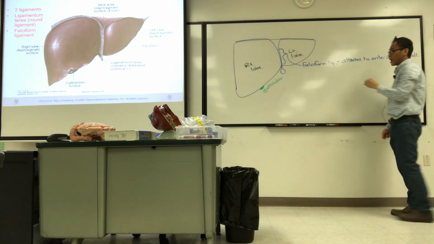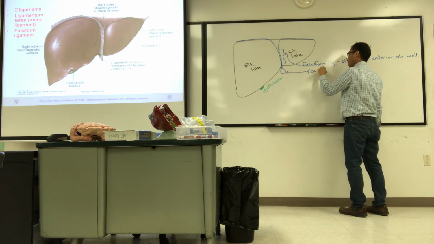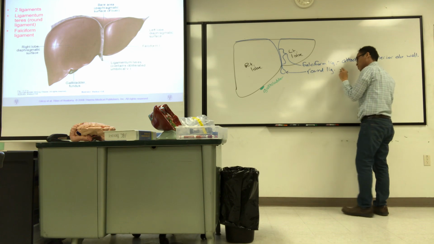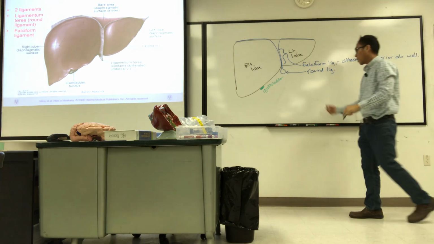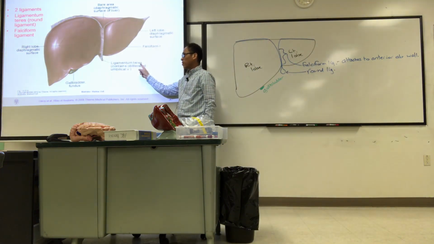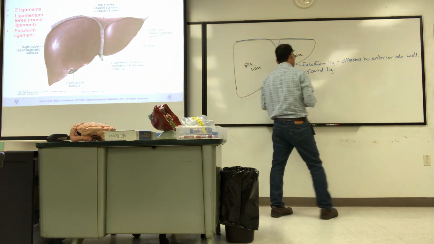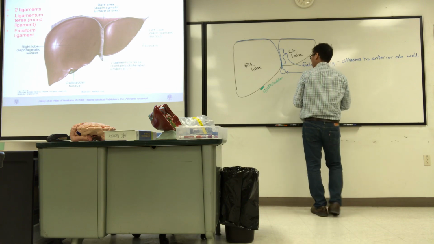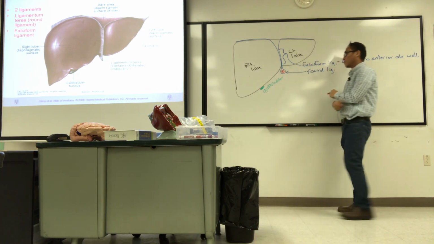This ligament down here that's round is the round ligament. It's also called ligamentum teres because teres means round, but I want to stick with round ligament. That's easier for you to remember. The ligamentum teres, that's the same thing. Remember that, so you don't ask me later, what's ligamentum teres? It's the round ligament, and it contains an obliterated umbilical vein.